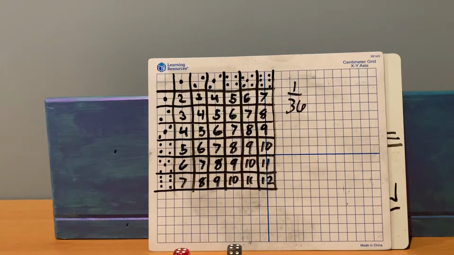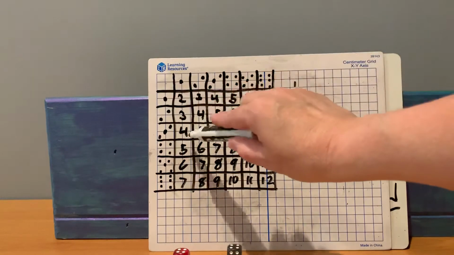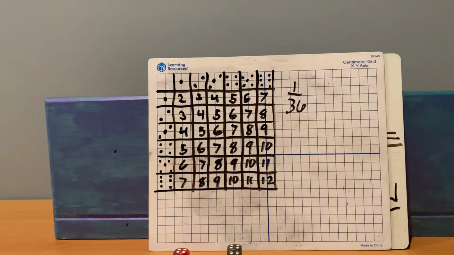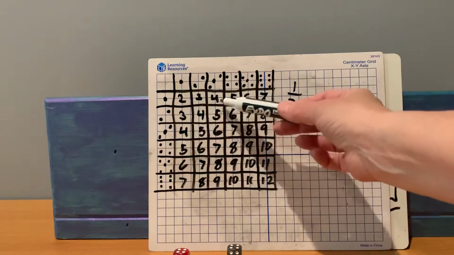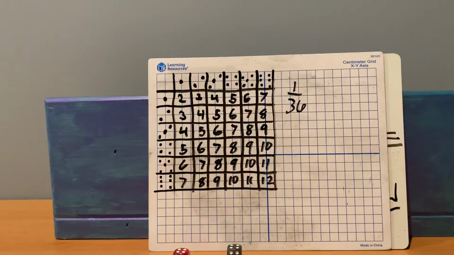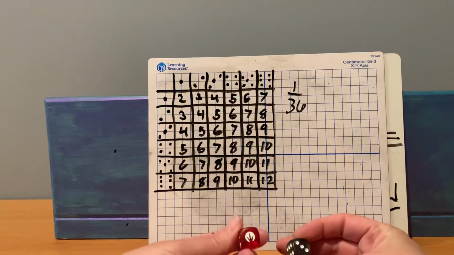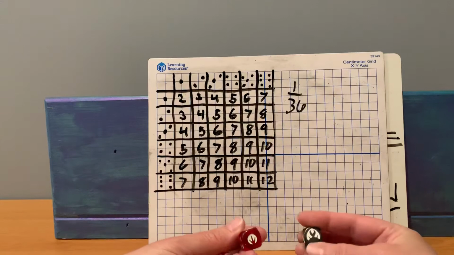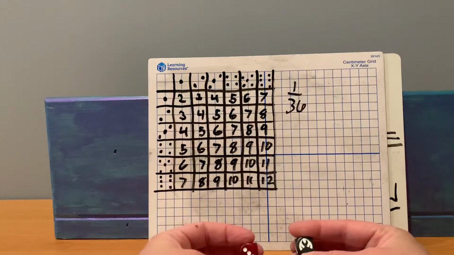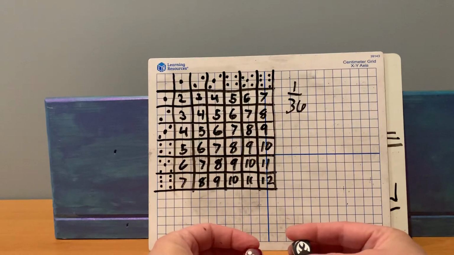Now the chart shows that 3 of the results are a 4. So if I want to see what the probability of rolling a 4 is, I see that 1, 2, 3, the 4 occurs 3 times on my chart. The result of 4 is, if a 1 is rolled on the first dice and a 3 is rolled on the second dice, we get a 4. If a 1 is rolled on the second dice and a 3 is rolled on the first dice, we get a 4.